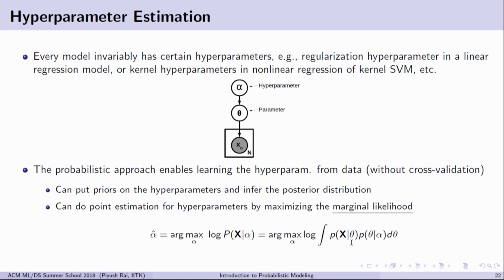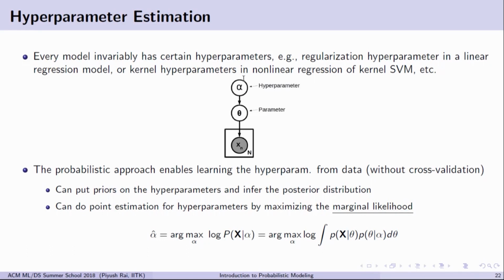But p of x given alpha is called a marginal likelihood because you are marginalizing over all values of the parameter theta in computing p of x given alpha. Okay. So this is just one way of estimating the hyperparameter, where we are doing maximum likelihood but of the marginal likelihood. We compute the marginal likelihood and we maximize it with respect to alpha.